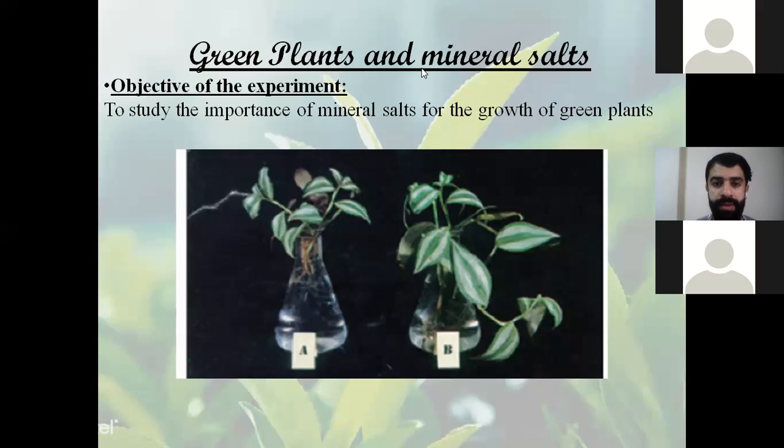Does plant A grow normally or abnormally? Does it have large leaves or small leaves? This is the appearance of these plants.